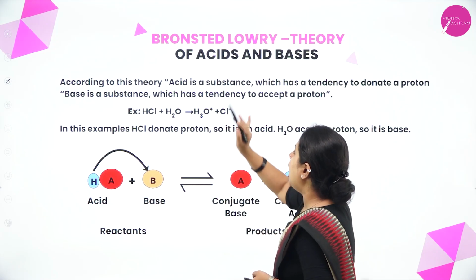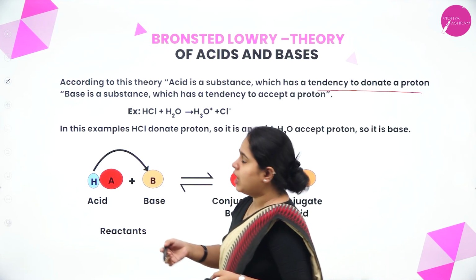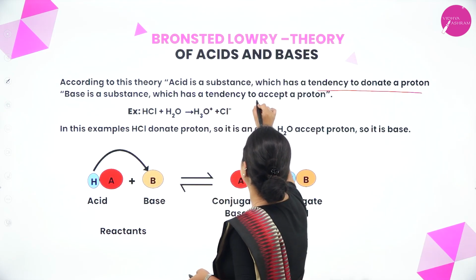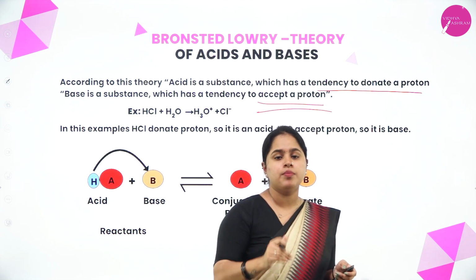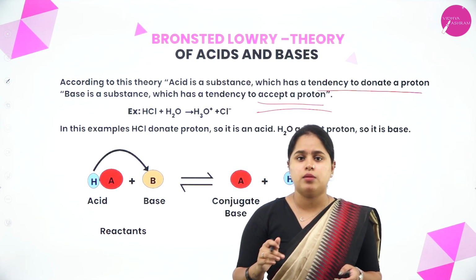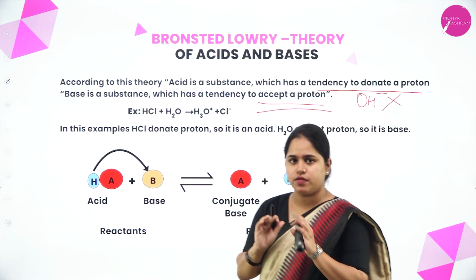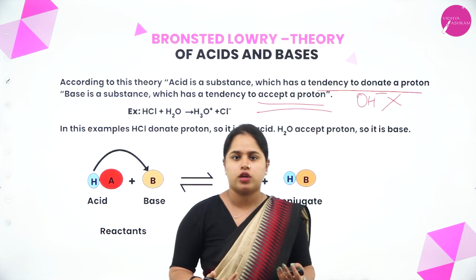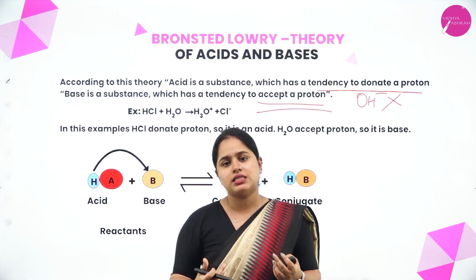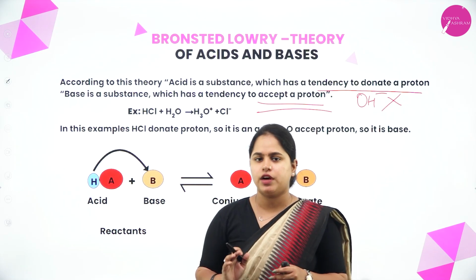According to this theory, an acid is a substance which has a tendency to donate a proton and a base is a substance which has a tendency to accept a proton. In Bronsted-Lowry theory, we are not going to discuss in terms of OH minus ions. It's just in terms of protons that we are talking about acids and bases. So acids are the substances which can donate H plus ions, that's the same as in Arrhenius theory.